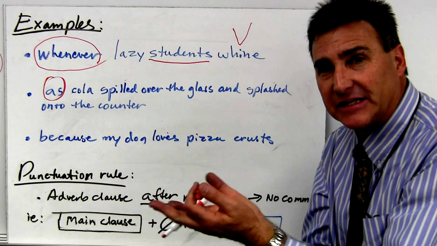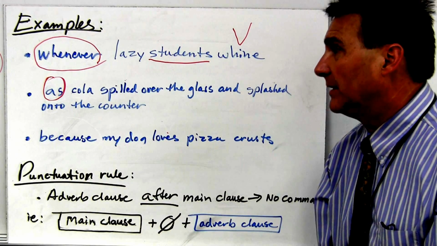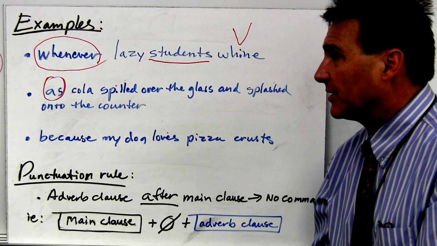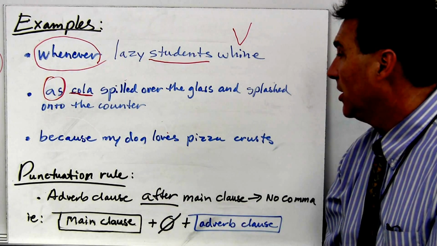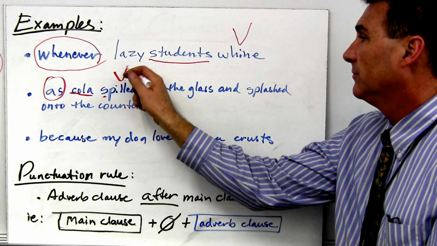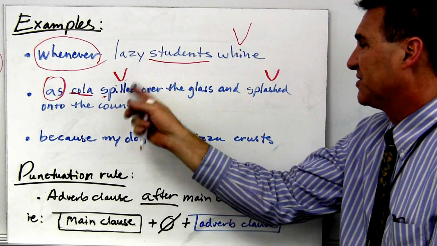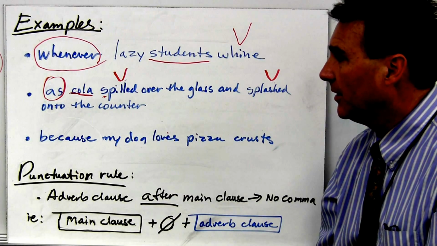Again, it speaks about things happening at the same time. As this happened, that happened. So that's naturally going to set it up to be an adverb. What's our subject? Cola. What are our verbs? Spilled and splashed. So subject, cola, verb spilled and splashed. And the subordinating conjunction, as.